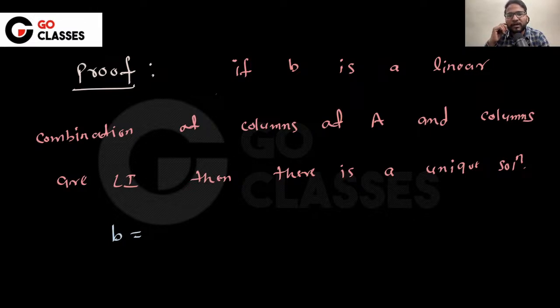So let's suppose that this B is a linear combination of columns of A, which is actually given to me. It is given.